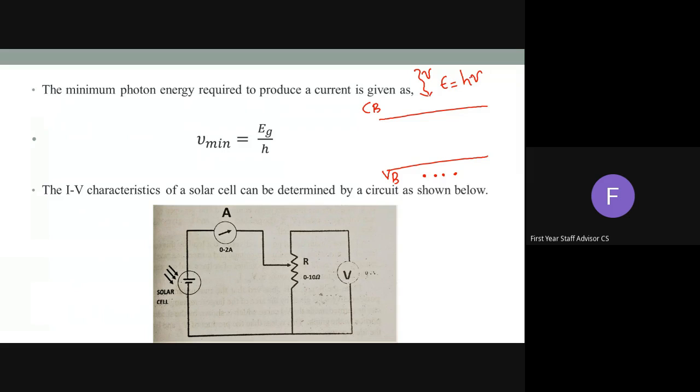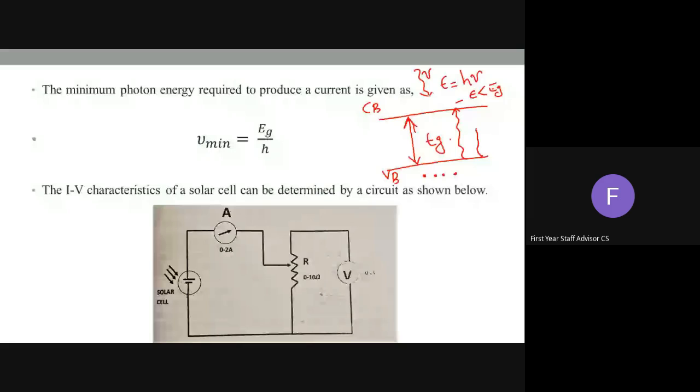It will be E equals h mu. If this energy is greater than the band gap energy Eg, the electron gets excited from the valence band to the conduction band, creating an electron hole pair. But if this energy is less than Eg, then the electron cannot reach the conduction band, and the electron hole pair cannot be created.